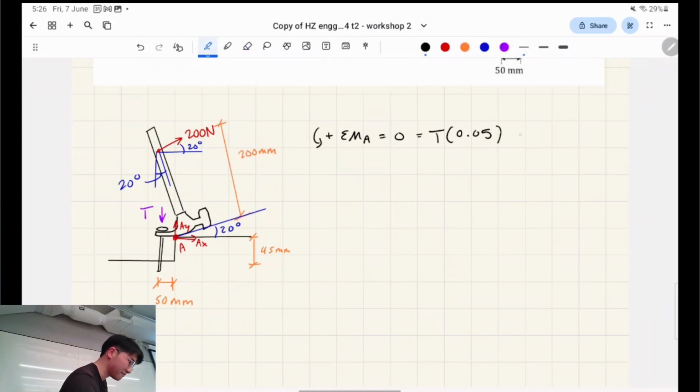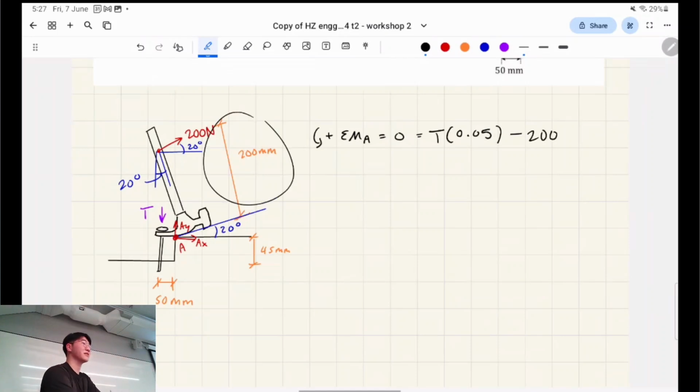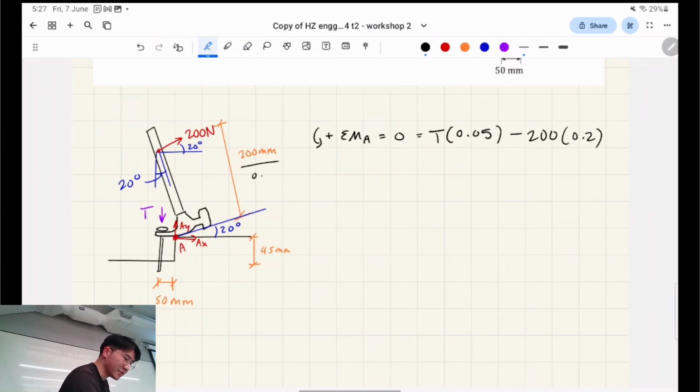So that's that, minus 200. 200 is a nice perpendicular distance that is given to us, so we don't have to do anything weird with angles. That's 0.2 meters, so that's where that comes from. So T, the tension, is 800 newtons. Sorry, I've done everything in newtons and meters, for everything.